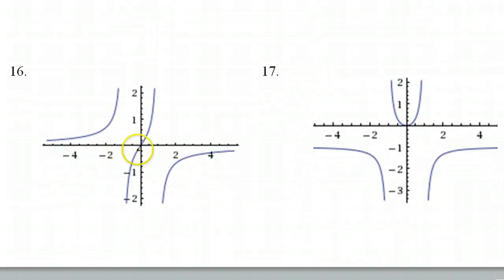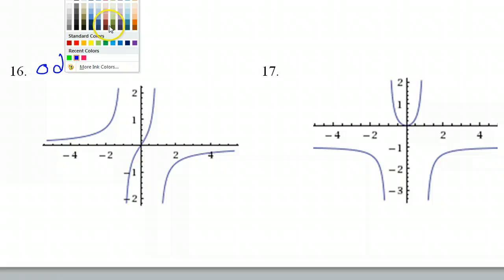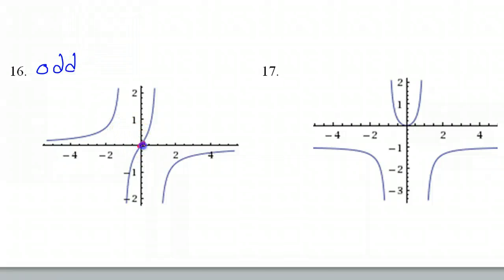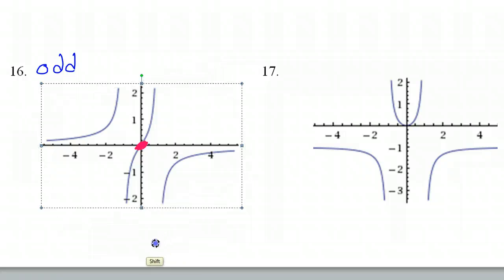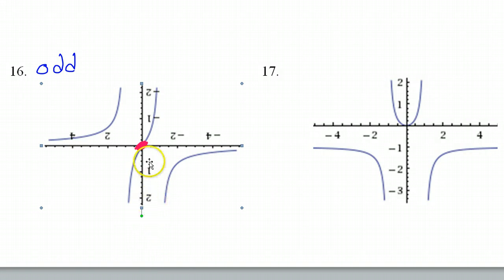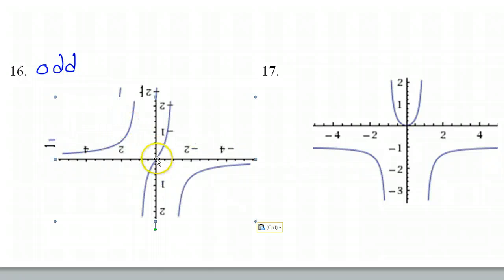Alright, what about number 16? Even, odd, or neither? Say it out loud. Alright, this is odd. This has odd symmetry. I should be able to spin this around the origin and it should look the same. So if I take this graph and I turn it upside down, see how it doesn't look any different? I could copy it just to make a point.